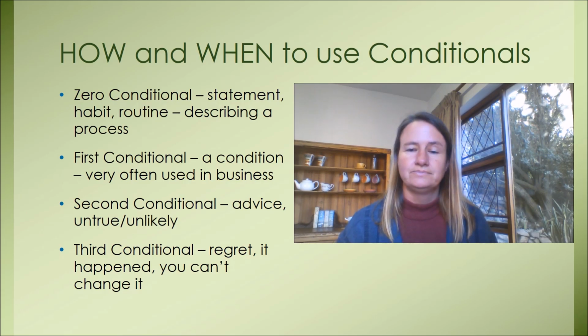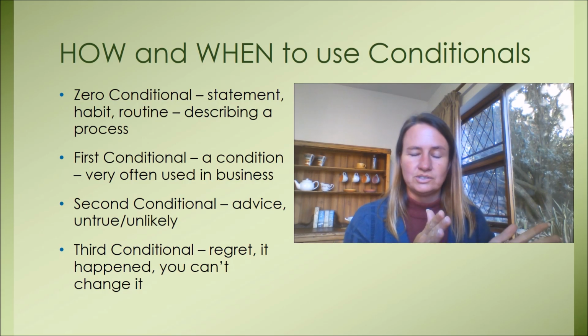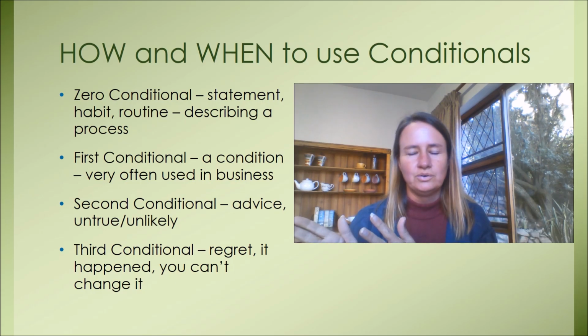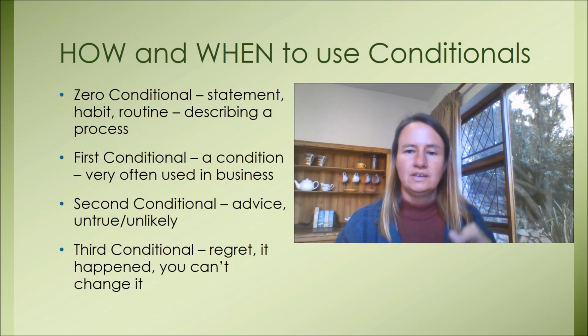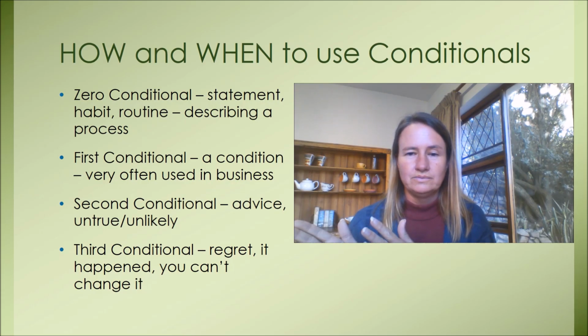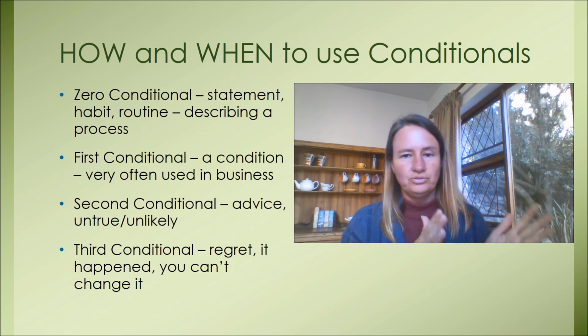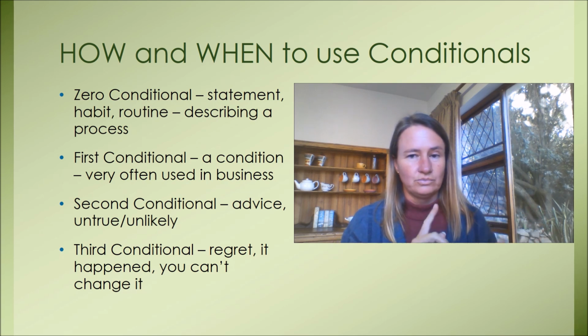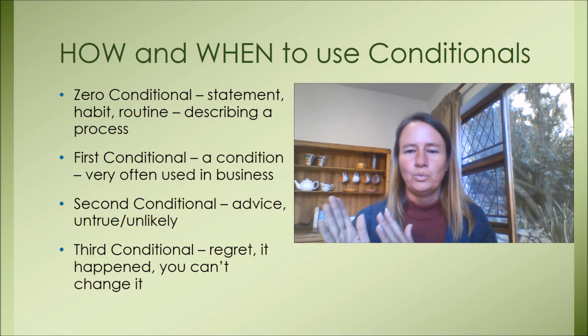First conditional, if, present, future, with will. Second conditional, if, past, the second part of our clause, would. And the third conditional, if, past perfect, with past participle, and would have.